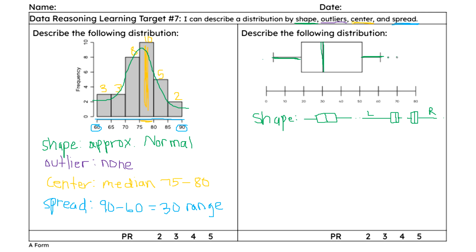I would call this almost approximately normal. I mean, it's not going to be perfect, but it looks approximately normal to me. I don't have a super long tail on the left or right, so I'm going to call that one approximately normal as well. So we're going to go with this one here, and I'm going to again say approximately normal.